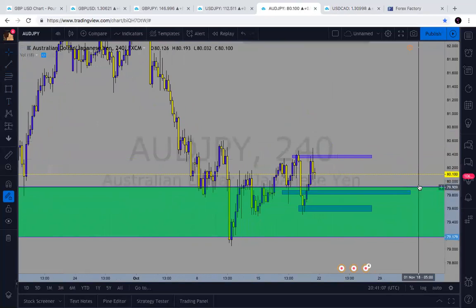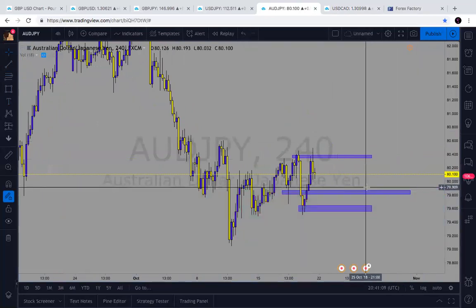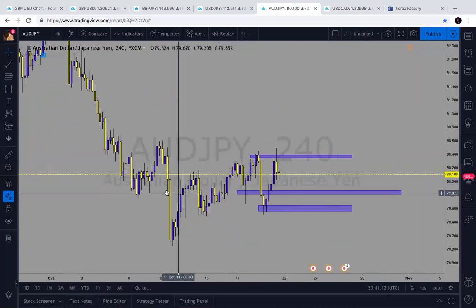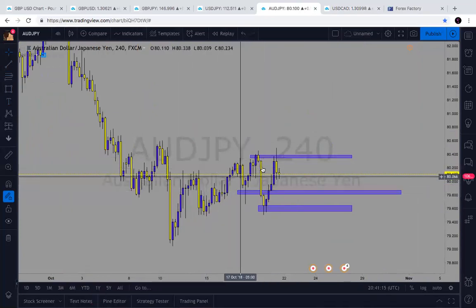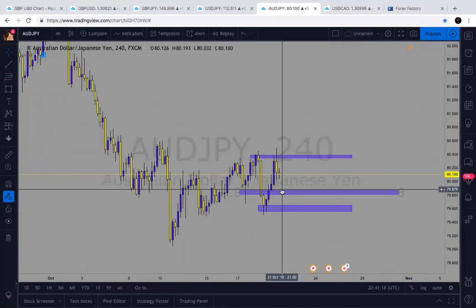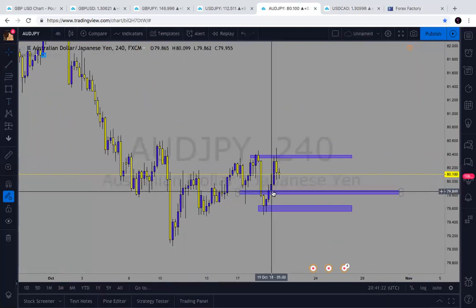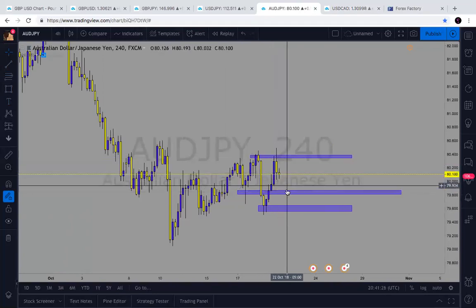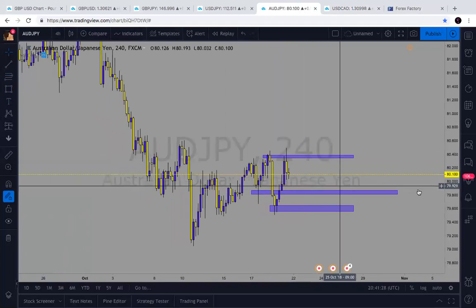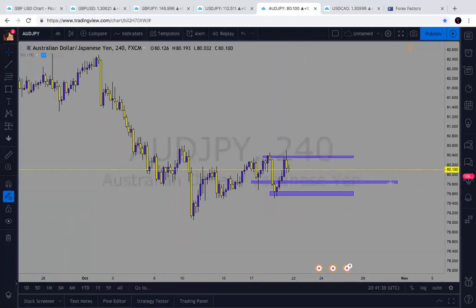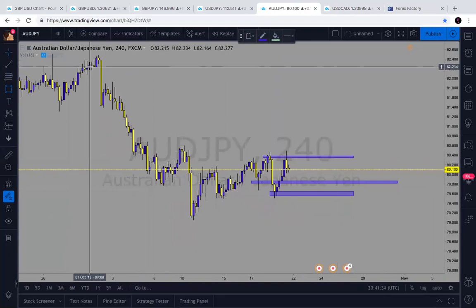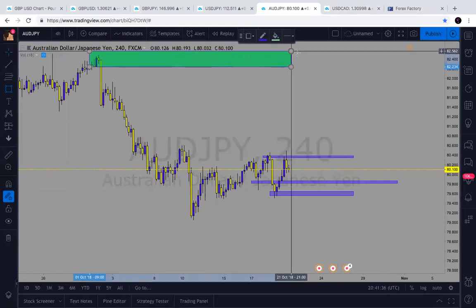Let me delete this massive zone. We're getting consolidation. It looks like consolidation on the H4, but on the daily and on the weekly charts I just showed you, that's a big massive W. So once price is done with this little consolidation, we're looking for bullish action, some bullish activity. This is our long-term zone that we're looking for.